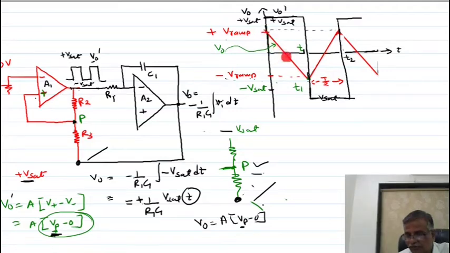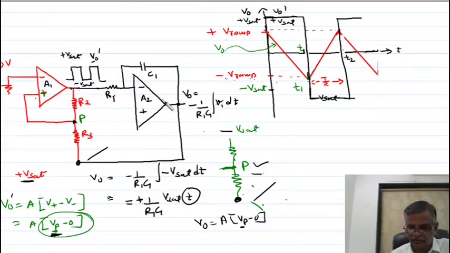The amplitude of the triangle wave depends upon the time constant and amplitude of the square wave. And already we have seen initially how you can change the amplitude of a square wave. So in this way you can get a triangle wave generated at the output of A2.